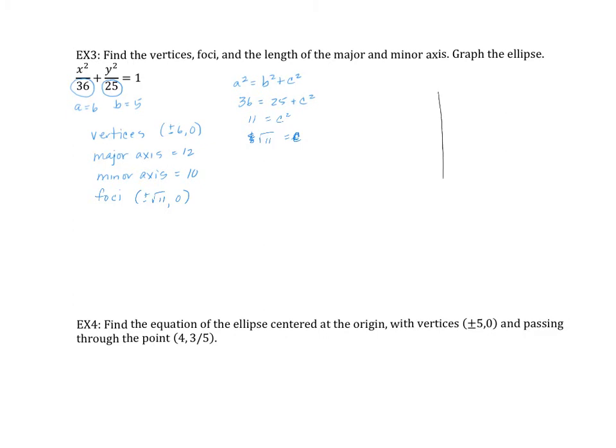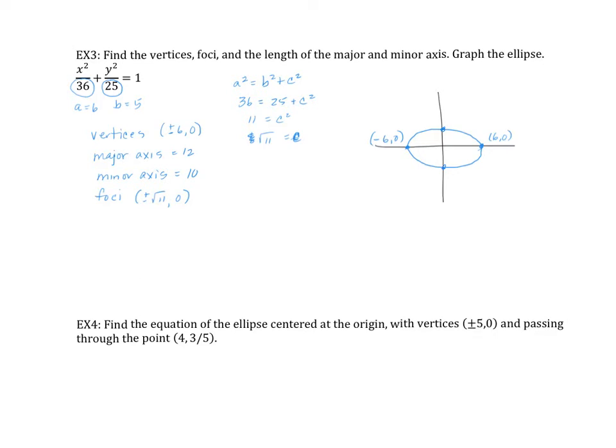When we graph this ellipse, it's going to be elongated along the x-axis. It's kind of squished, sorry. And I have my vertices. It's going to be 6 and negative 6. So you can see the distance between those 2 points would be 12. I have my b values as well.